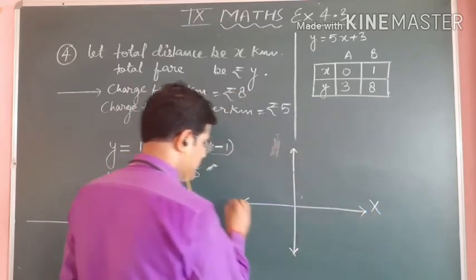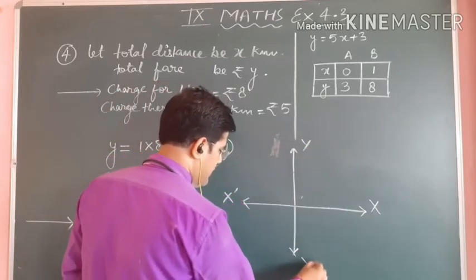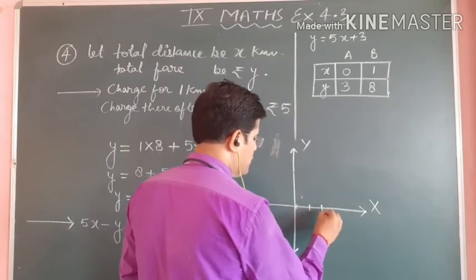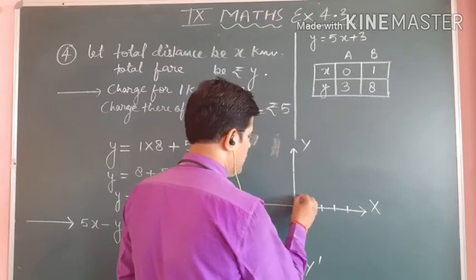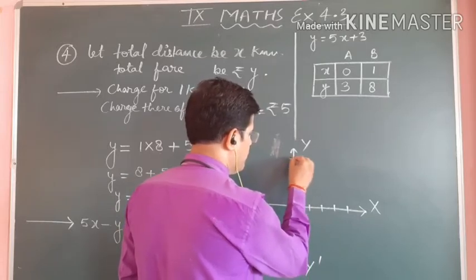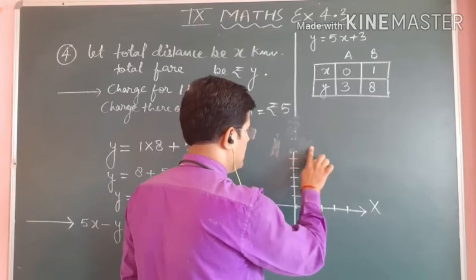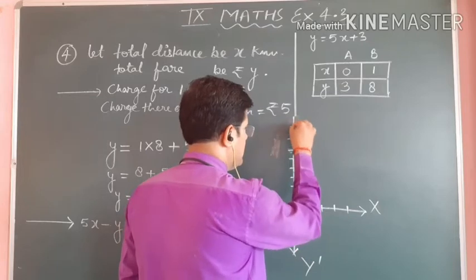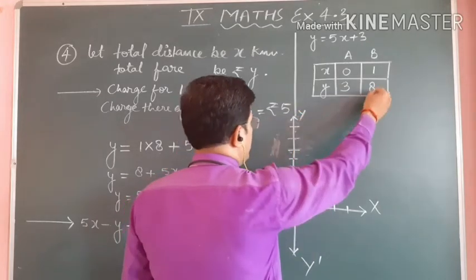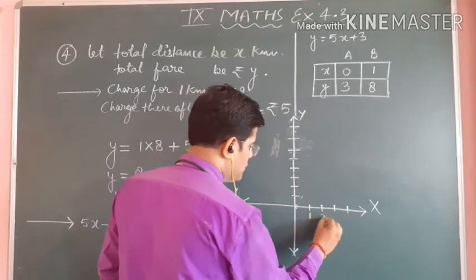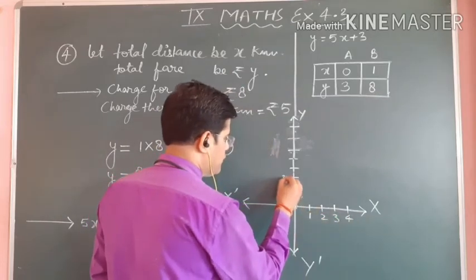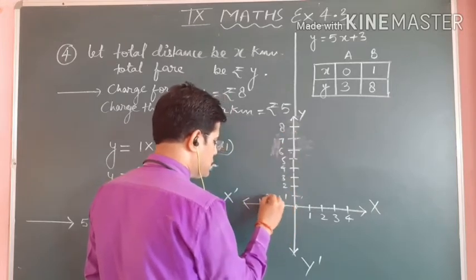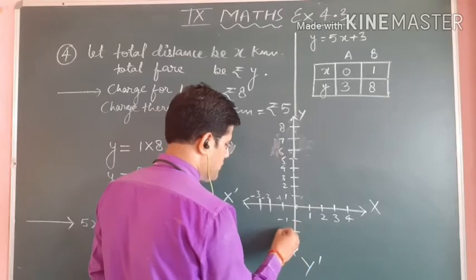This one is x, then x dash, y and y dash. So 0 is here. Now 1, 2, 3, 4, 5, and then 1, 2, 3, 4, 5, 6, 7 and 8, because here is point A. Then minus 1, minus 2, minus 3 on the negative sides.